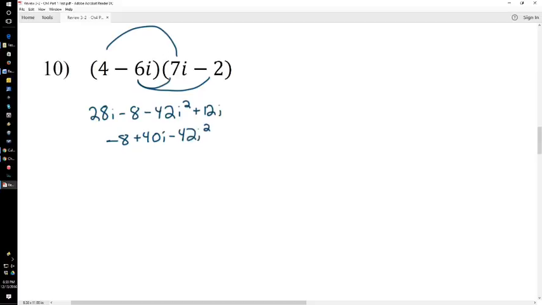Now, the one thing I will say, you've got to remember that i squared is kind of a special case. i squared is the same thing as saying negative 1. So really what we've got here is a negative 42 times negative 1, which, remember, a negative times a negative becomes a positive.